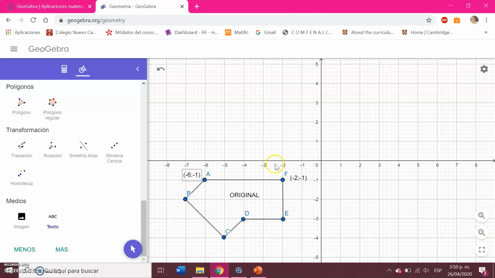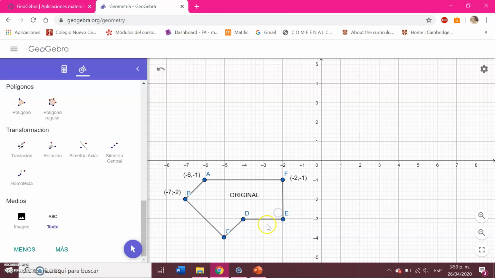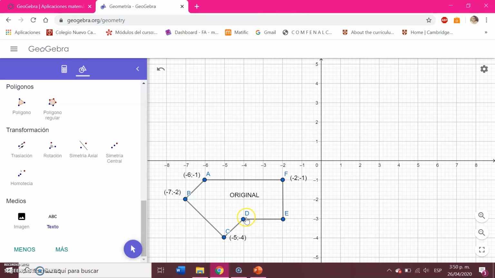Let's go with B. B is in (-7, -2). C is in (-5, -4). D is in (-4, -3).